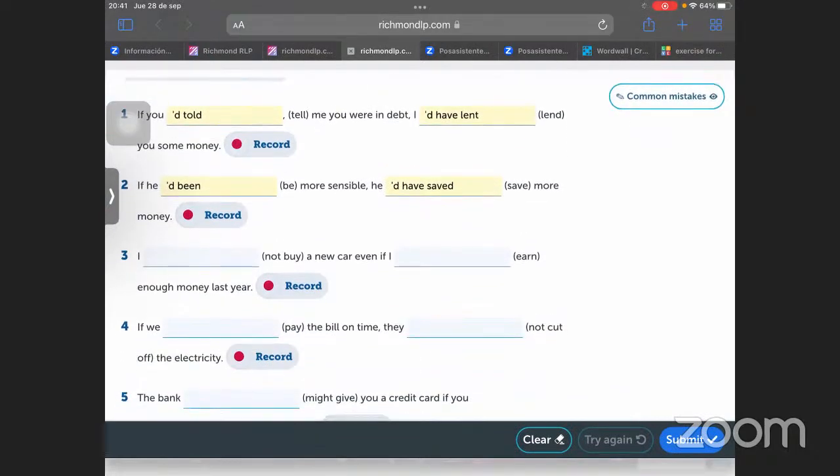So number 3, I, and then it says not buy a new car, even if I, and then earn enough money last year. I not buy a new car, even if I earn enough money last year.